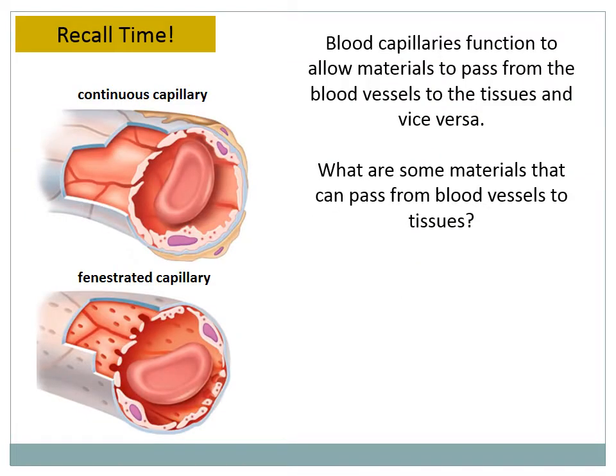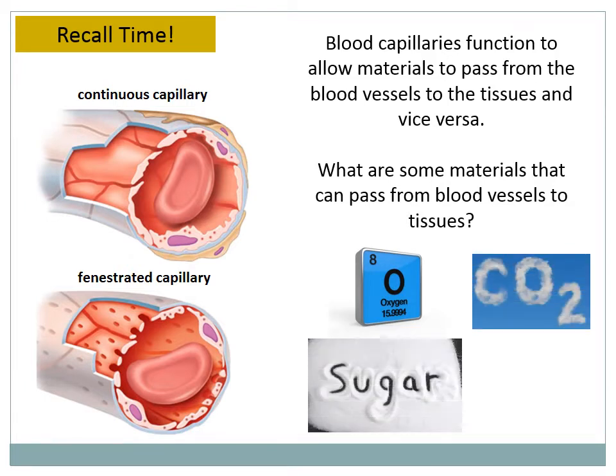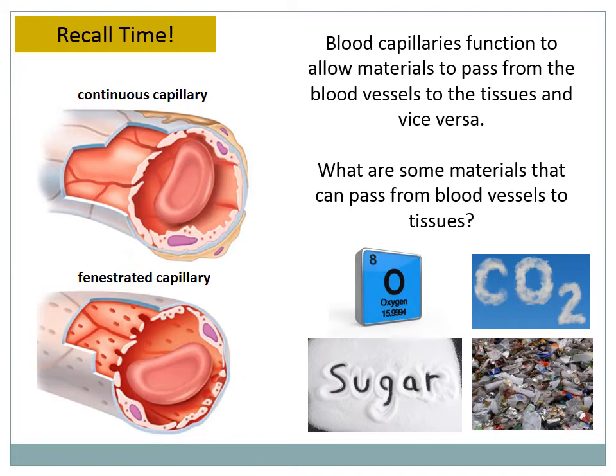All right, so back to recalling. So this is from last unit here, the last chapter. Remember that blood capillaries function to allow materials to pass from our blood vessels to the tissues and vice versa. So from the tissues to the blood vessels. What are some of those materials that can pass from blood vessels to tissues? So if you remember some of them, we have things like oxygen, we have carbon dioxide, we have sugars, we have garbage, right?